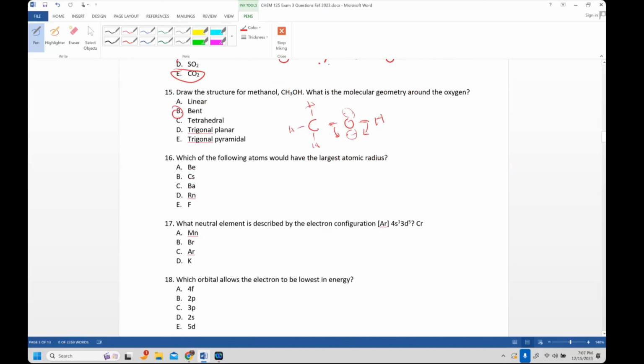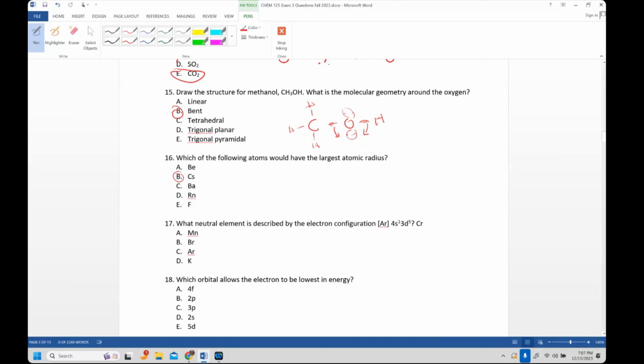Which following atom will have the largest atomic radius? So we're looking for which one is more to the bottom left of the periodic table. And I think that one will be cesium. Let me look at that table. Yep, cesium.